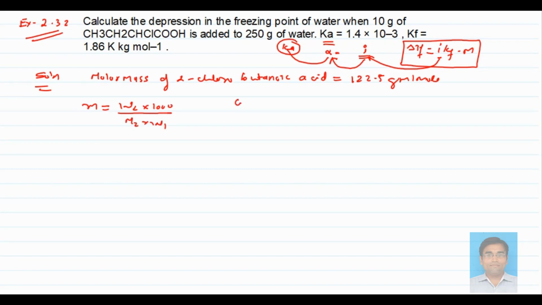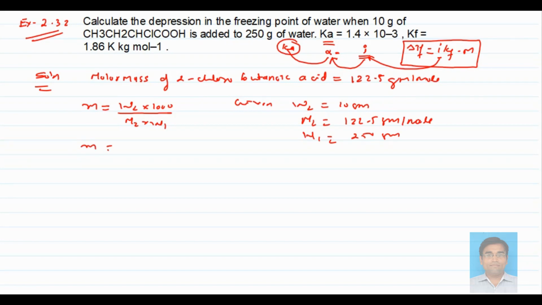So given, W2 equals 10 gram of 2-chlorobutanoic acid, M2 we have just found, the answer is 122.5 gram per mole. Then W1 is also given, it is 250 gram. Use all these values to find out the molality.